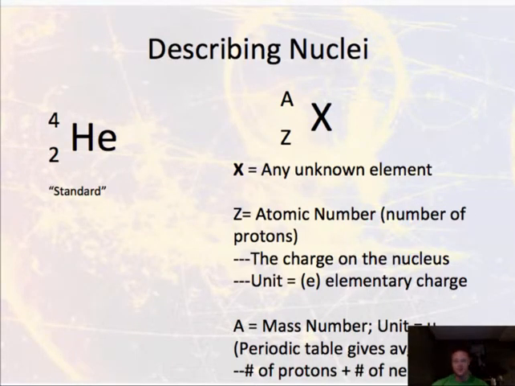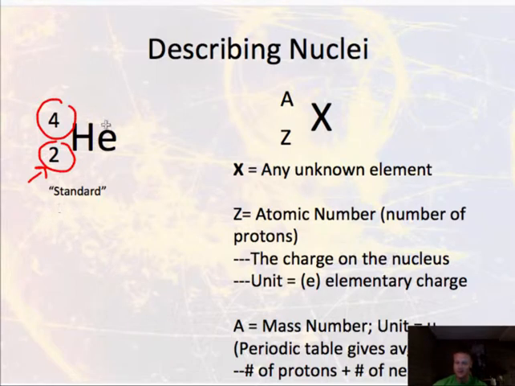Now what gets a little weird when we talk about nuclear physics is how we describe nuclei. So here is a helium atom, and down here is the atomic number, and up here is the atomic mass. Basically this bottom number is going to be the charge in the nucleus. In this case, helium has a plus 2 charge because helium has 2 protons in the nucleus.